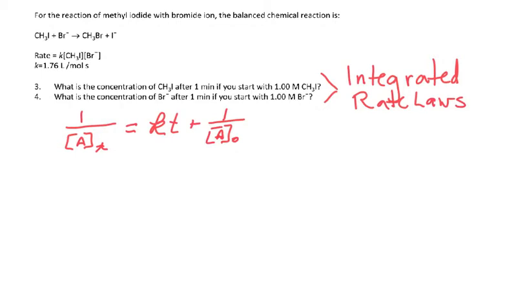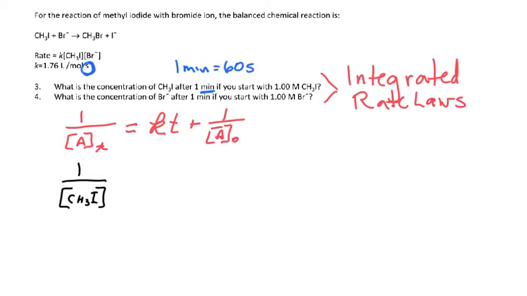So what is the concentration of methyl iodide after 1 minute? We've got to be careful. My rate constant is in terms of a second, so we have to make sure that these units match up. 1 minute is equal to 60 seconds.